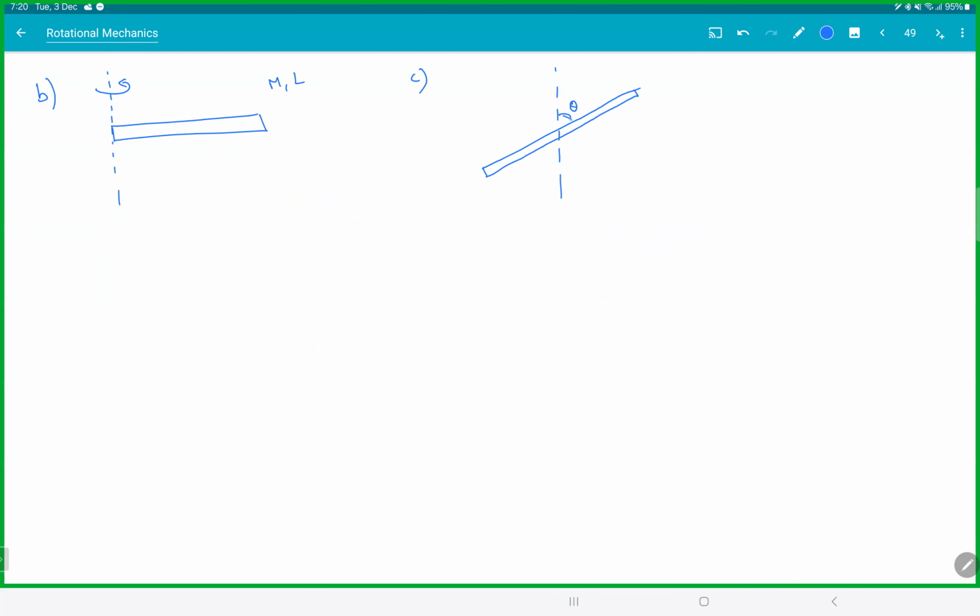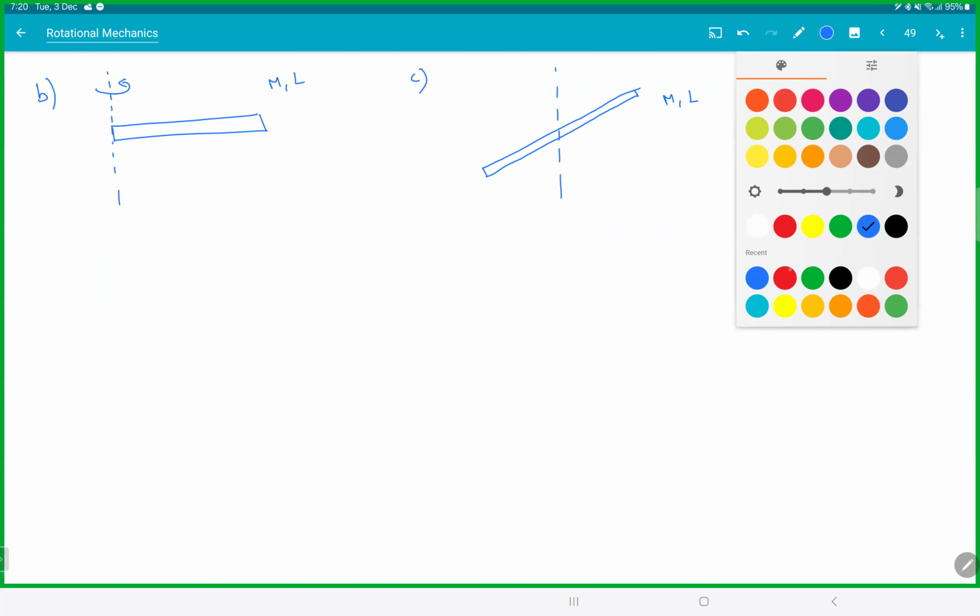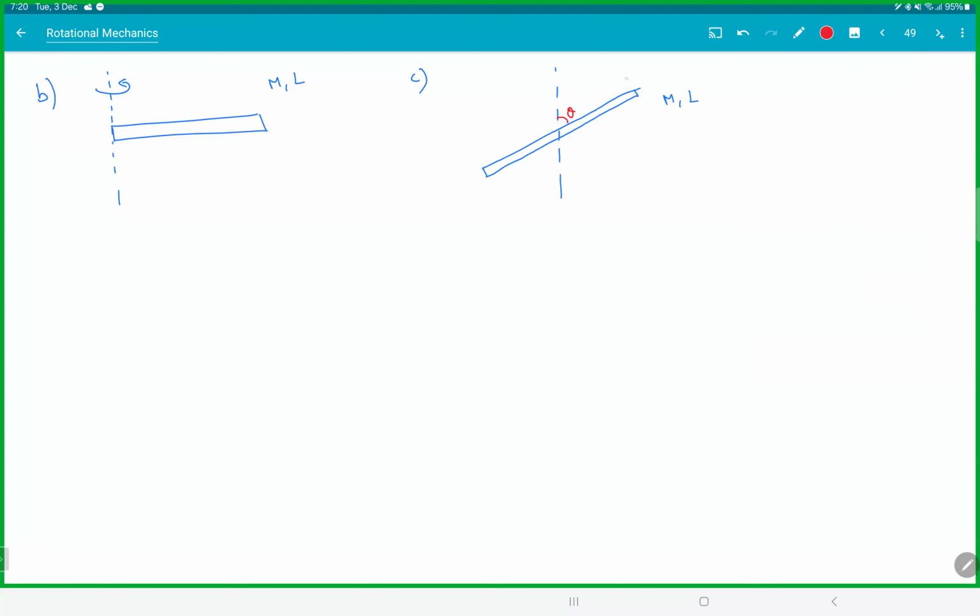This is theta, mass m, length L. Meaning this rod is rotating like this. You're getting how it is? The rod is tilted like this, if you see my screen here. And it is rotating like this. When it's like someone is catching a pen like this and you're trying to rotate it at an angle.